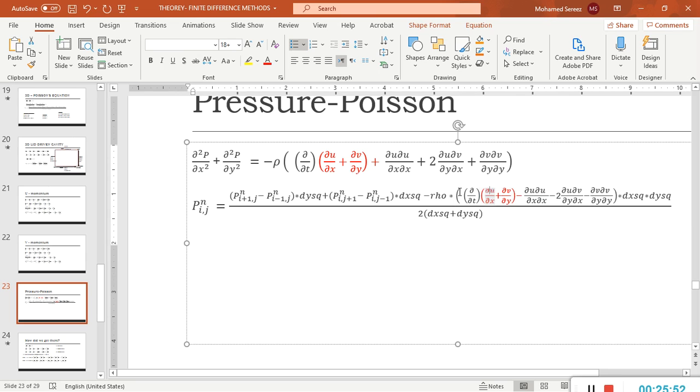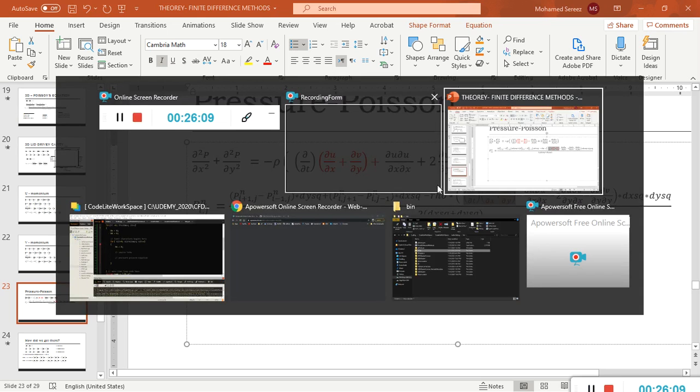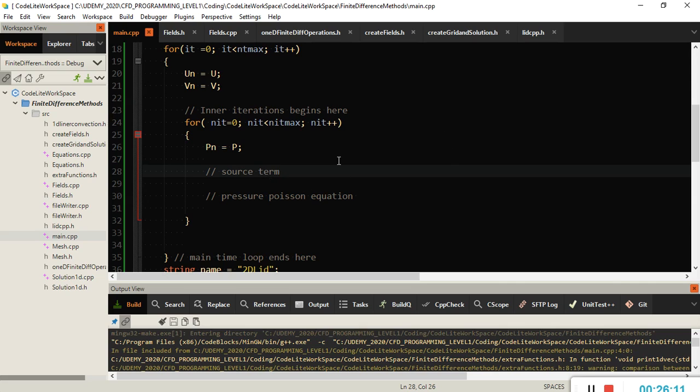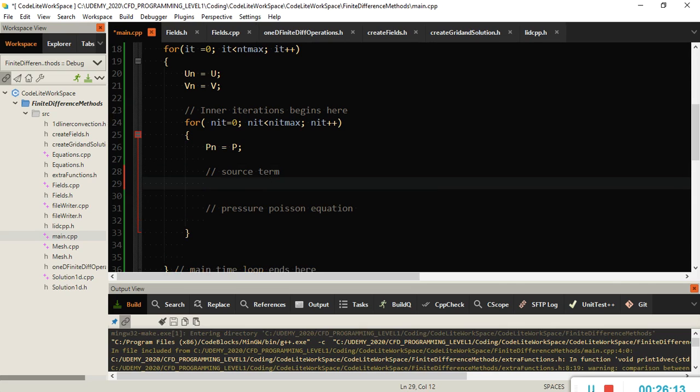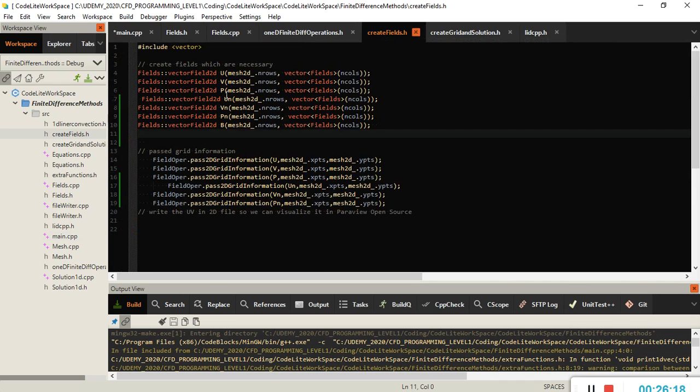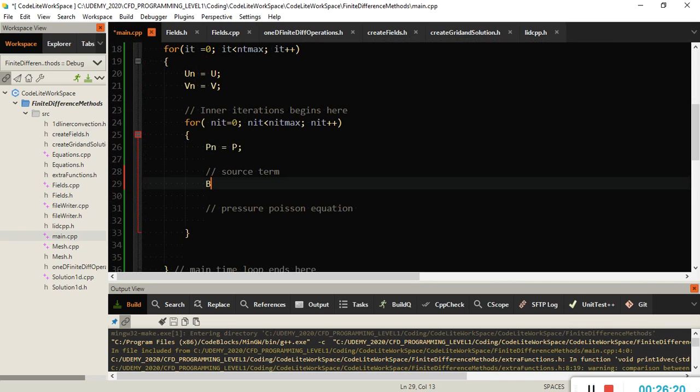I said that everything in the source term has to be discretized with a central difference gradient, and this is the divergence term. So let's start writing it. The source term, we created a field for that. It's called B.